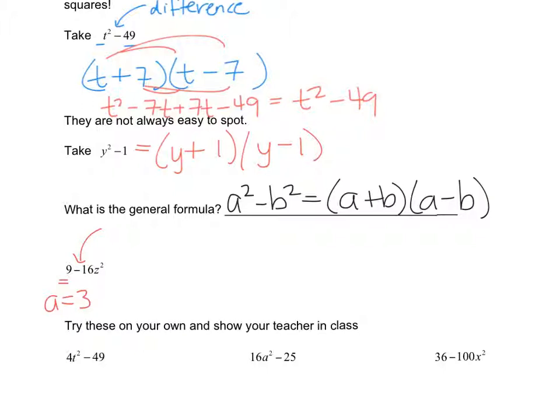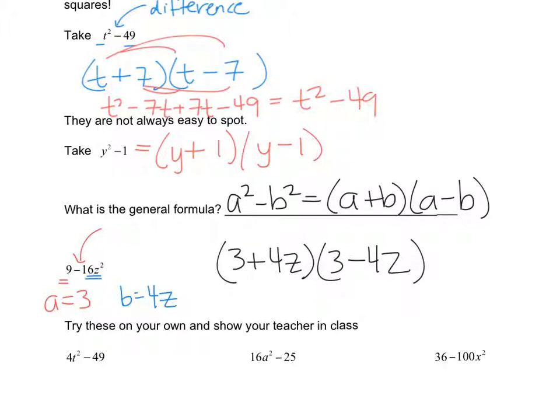If this next term here is b squared, well then the square root of 16z squared is 4z. Once I identify a and b, I can put it into my formula. A is 3 plus minus, and 4z, and we're done.